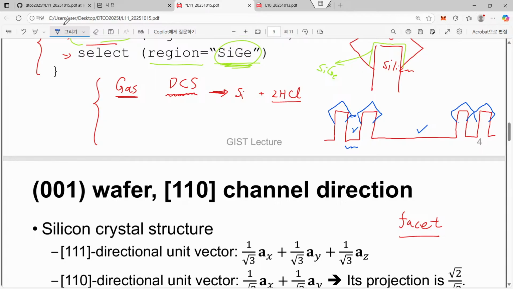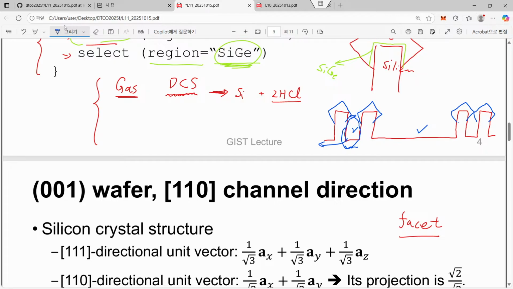It means that the injection of our DCS gas into this void, not perfectly void but close to void, is really slowed down, and the concentration of DCS gas can be quite low. Then what will happen?